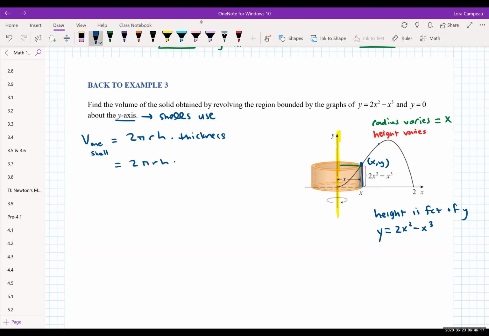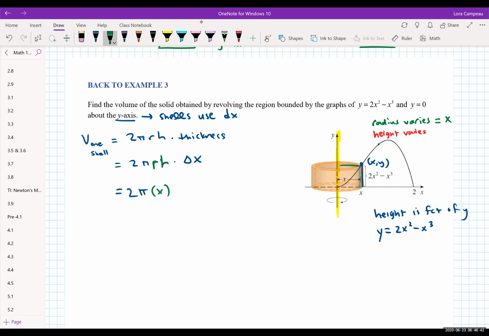Okay, so remember with shells, we use delta x or dx. Thickness is delta x. My radius is varying. So when I want to find the volume of one shell, the radius is already x. It's in terms of delta x, so that's already good. We're happy with that, so we'll replace x into the r part.